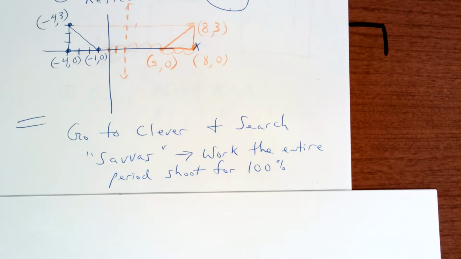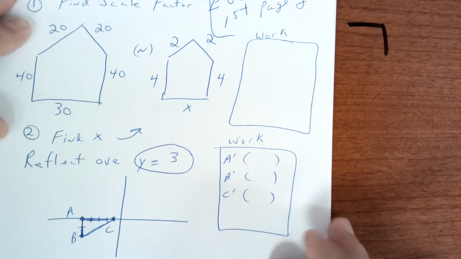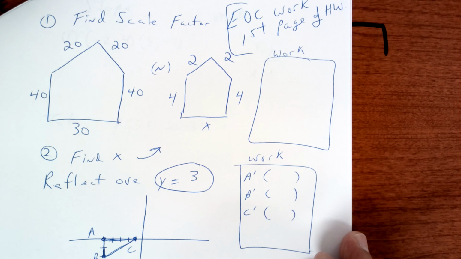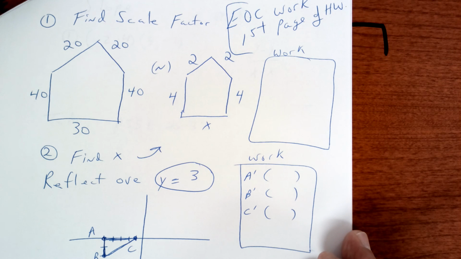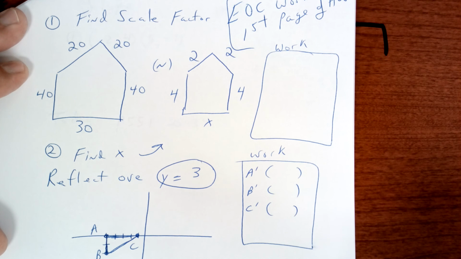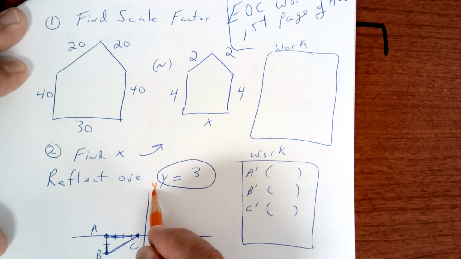This one right here, today we're going to Clever. But before we do that, let me give you your EOC homework, and I want this to be the first thing you show me. So copy this down and put EOC homework. Okay? And again, if I don't see this, you will lose 5 points. Now, the other thing I want to tell you is this line is Y, so you're going to go up 1, 2, 3.